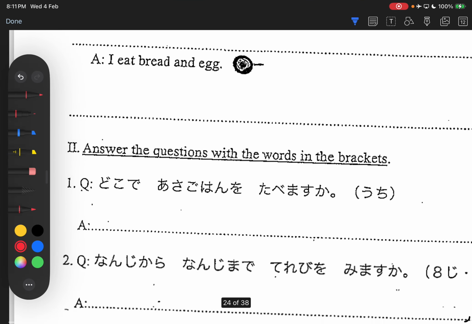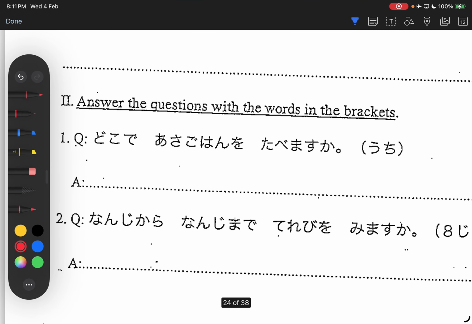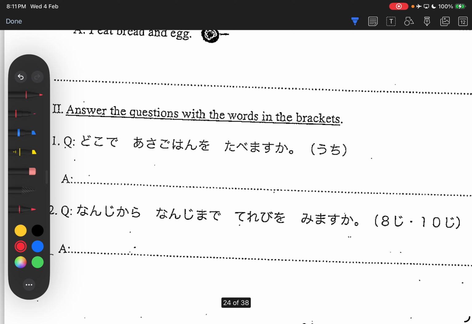Okay. Answer the question with the words in the bracket. I'll ask you a question, just repeat the answer. どこで朝ごはんを食べますか？ うちで朝ごはんを食べます。 Sorry, 食べます means fly.